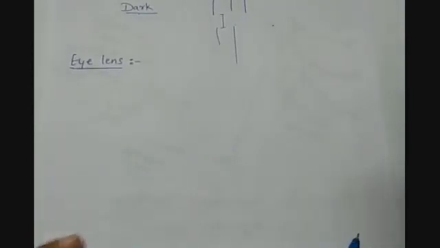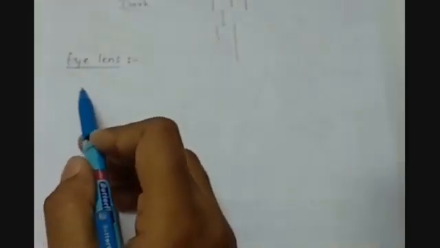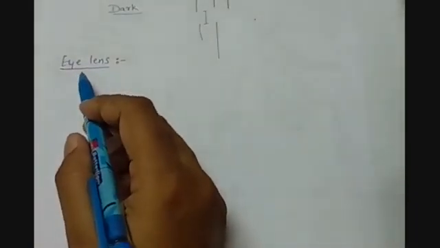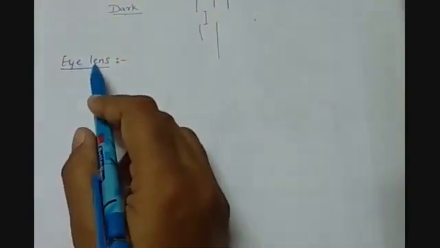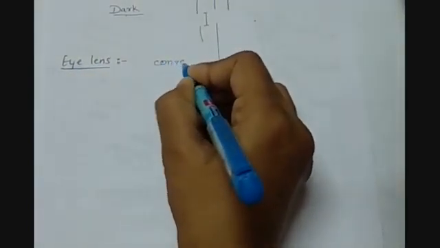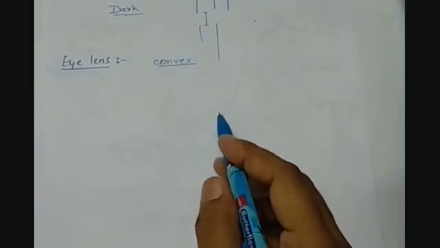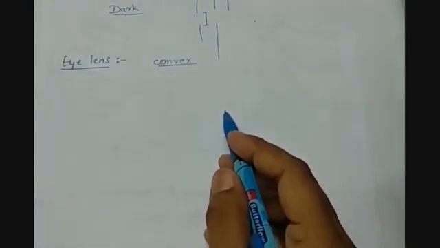The next part of our eye is eye lens. So dear students, as most of the refraction has taken place at the cornea, now eye is also having a convex lens present inside it, which performs the final convergence of light and the image is formed on the retina.